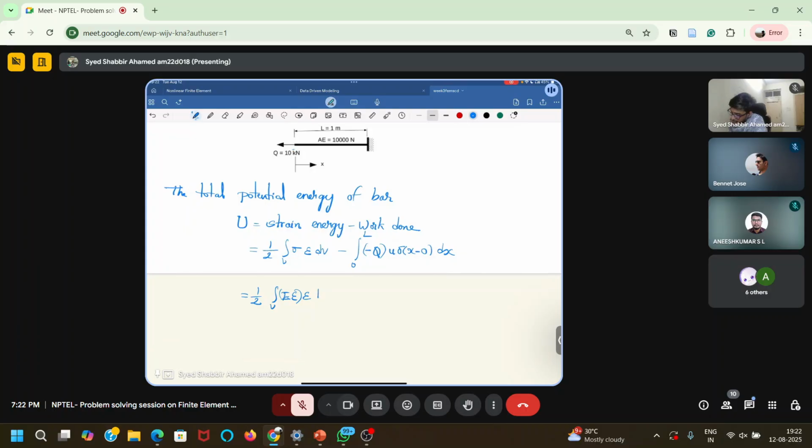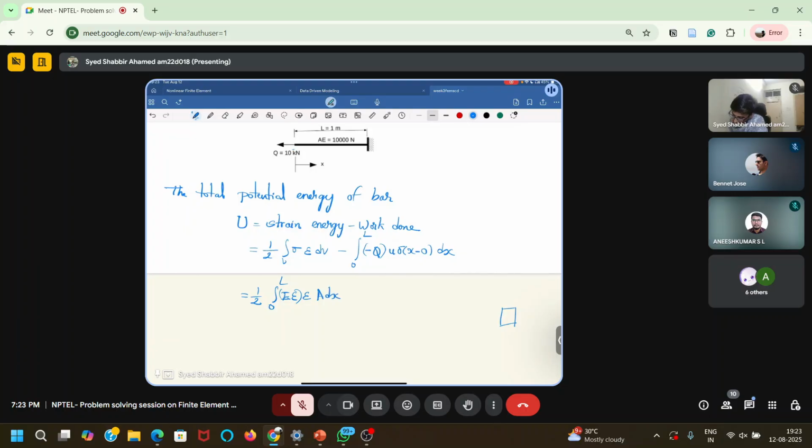Now you can see that this is the cross section of the bar, I'll assume it has some square or rectangular cross section, and the cross section is the same throughout the length. So now I can write this as integral 0 to L of A into dx.